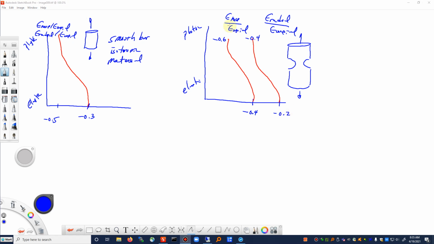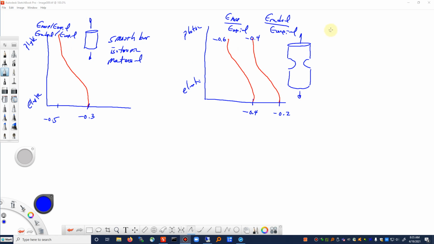All right, so when I look at this, if I didn't know that the material had a notch in it, and if I just kind of covered up this section, and I looked at this behavior, this is an isotropic material. If I didn't know a notch existed in that material, I would say that is definitely an anisotropic material.